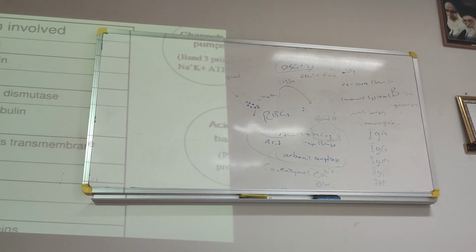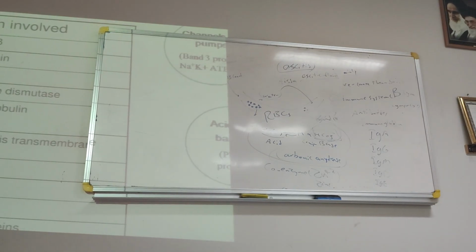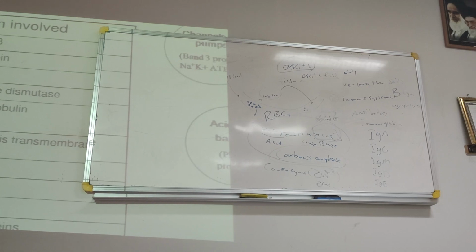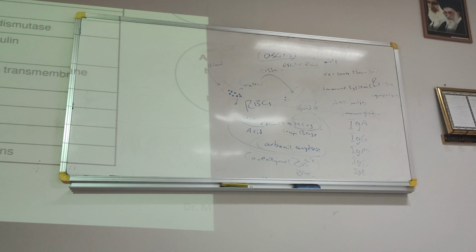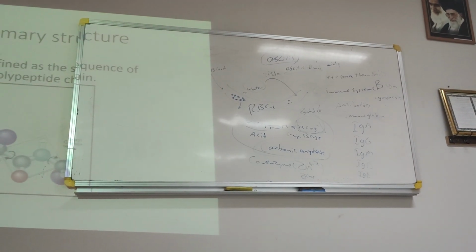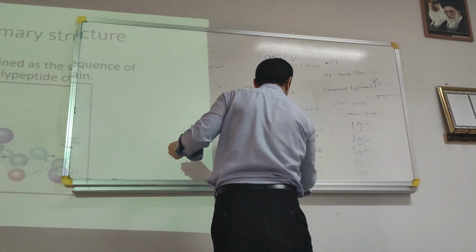All of these examples are proteins, and if a protein cannot work properly, the disease will happen. Another example is sickle cell anemia, which involves the main function of our hemoglobin, and so on. We have 4 structural levels for proteins.